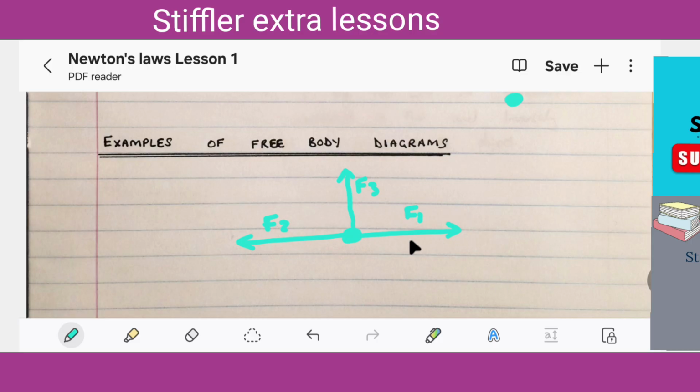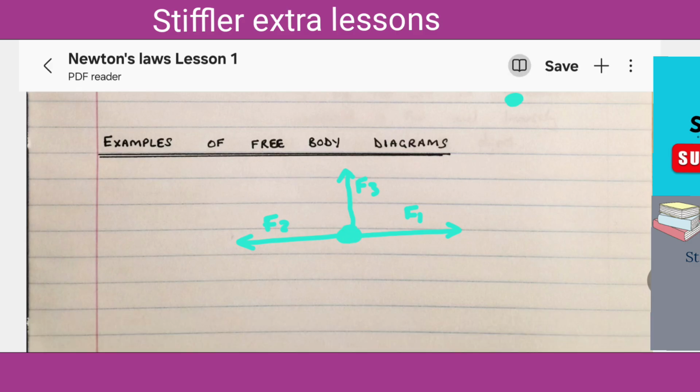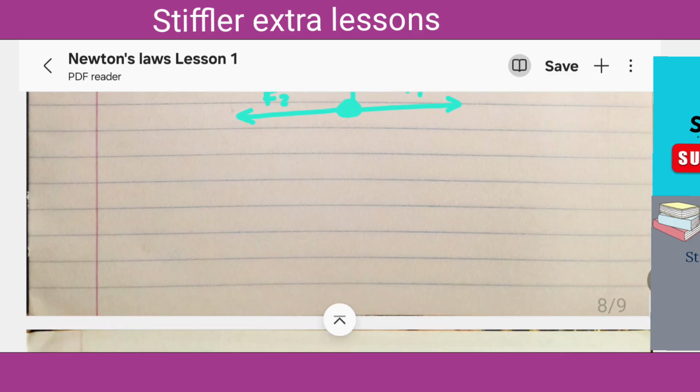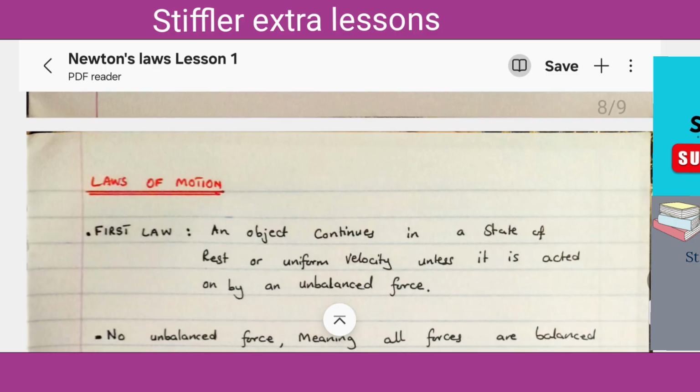So this is how we draw the free body diagram with our object being represented by a dot. After this session, I'm going to do a couple of examples on drawing the free body diagram, so that I can help you master how to draw free body diagrams.